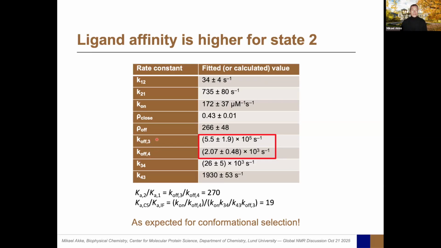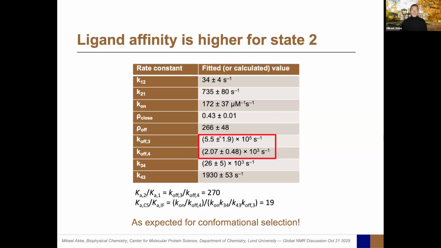So as you might imagine, from state 3, that's the initial ligand-bound state for the induced fit pathway, where the protein is kind of docked onto a non-compatible conformation of the protein, that off rate is quite high, whereas it's much, much lower when it's the off rate from the actual final state of the complex.